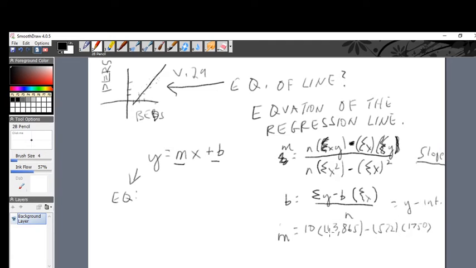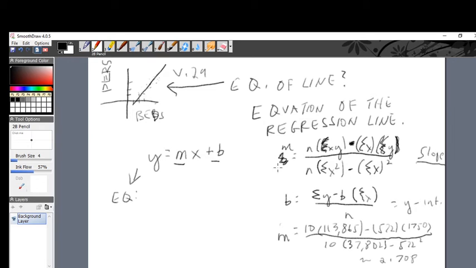Divided by 10 times 37,802. All those numbers come from there. We don't have to do anything. The work is already done. Minus 572 squared. And all that comes out to approximately 2.708. So our slope is 2.708.